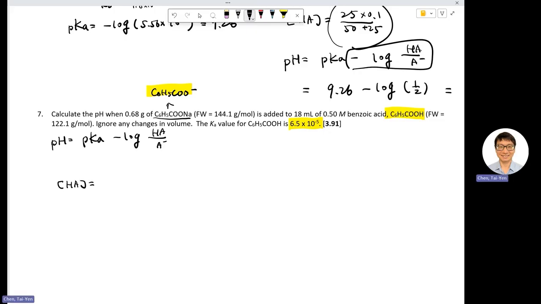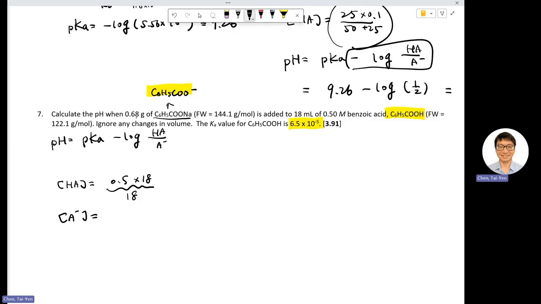The acid is your C6H5COOH, and the moles of your acid will be 0.5 times 18. That's how many moles you have. The constant volume is 18. Okay, base.